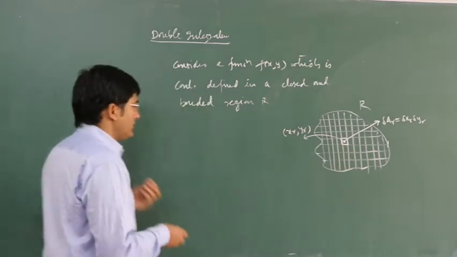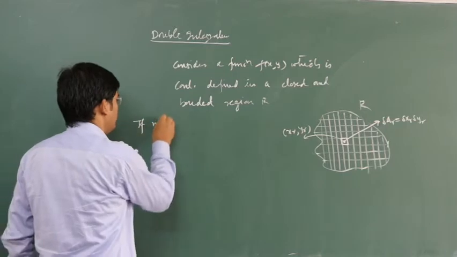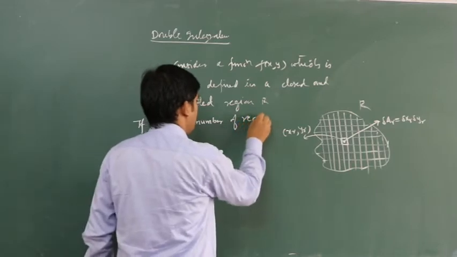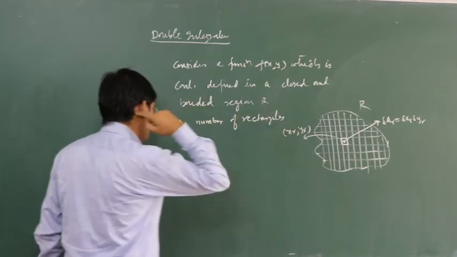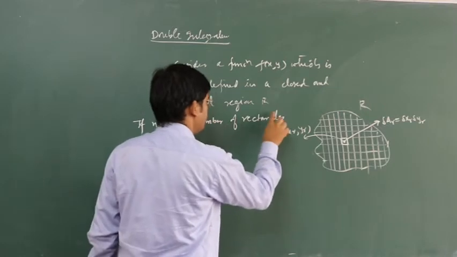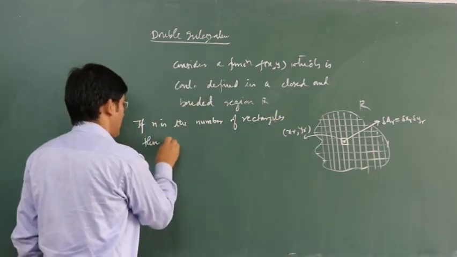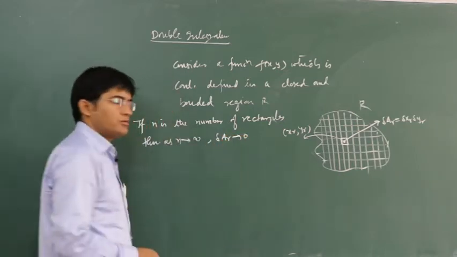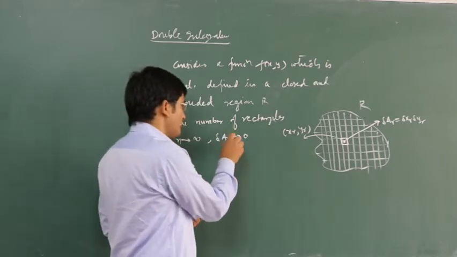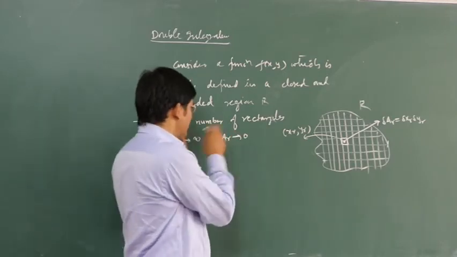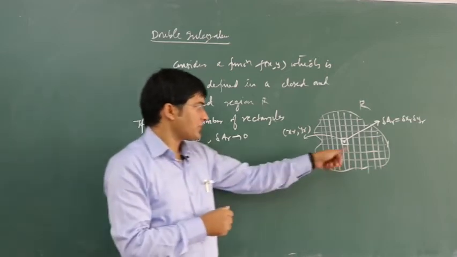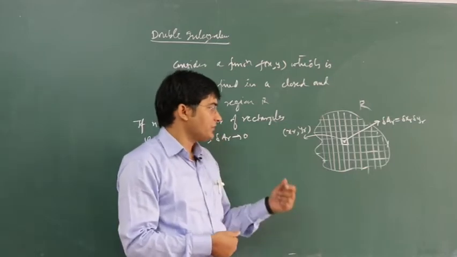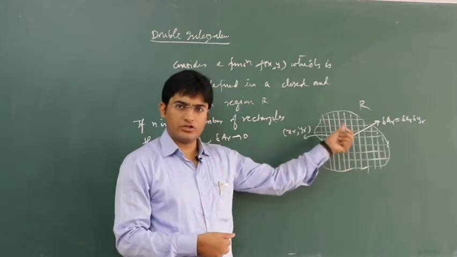So if n is the number of rectangles, then as n tends to infinity, the area of the rectangle will tend towards 0. If you increase the number of rectangles, this area will definitely decrease.